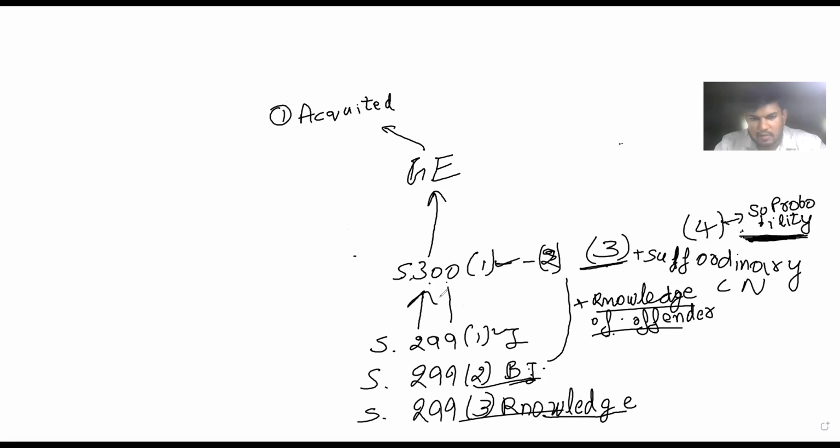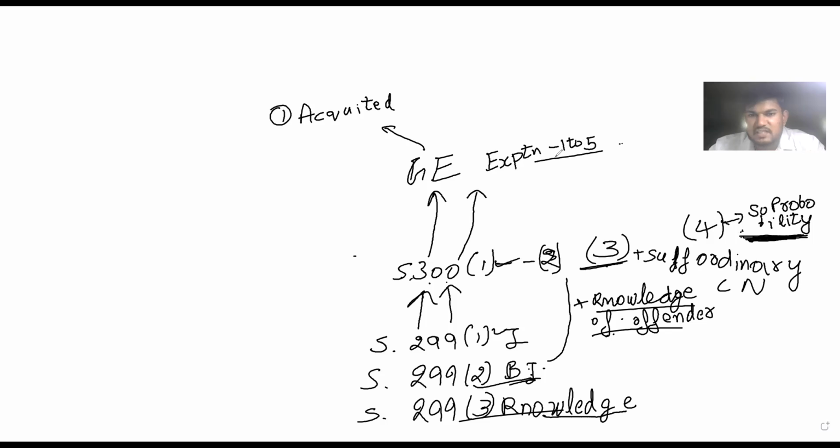Now if the prosecution has been able to prove 300, any of the parts, section 299 any of the parts first, then section 300 any of the parts, then the accused proves any of the exceptions mentioned in 300, which are exceptions 1, 2, 5.